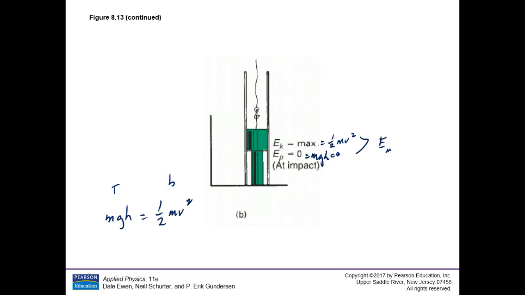Now what they're going to do with that is solve for v. So the first thing they're going to do is multiply by 2. So that gives you 2mgh is equal to mv squared. Then they're going to divide by m, and look at what happens then. Your m goes out here, and it goes out here, and now you have v squared is equal to 2gh.